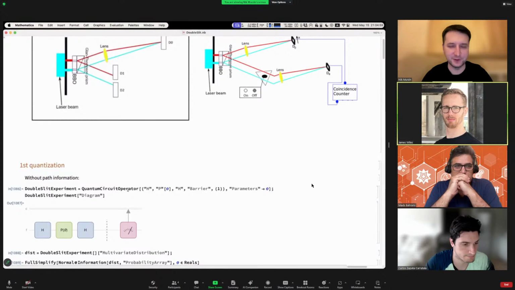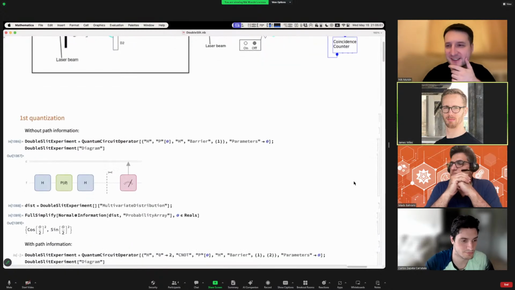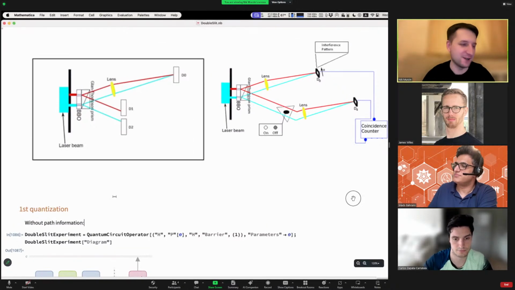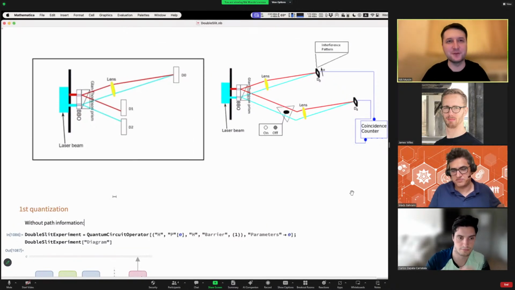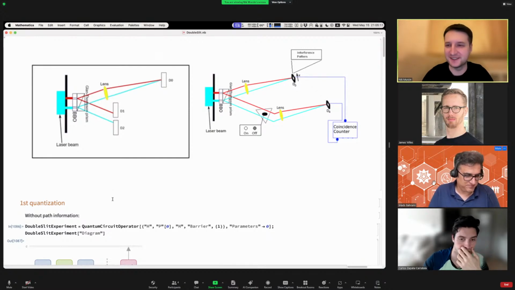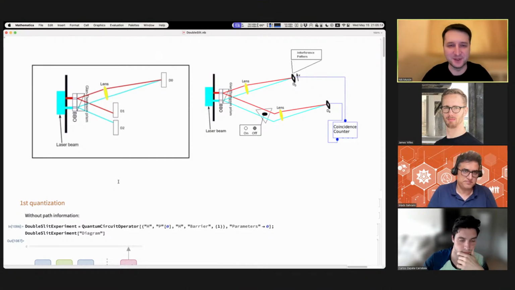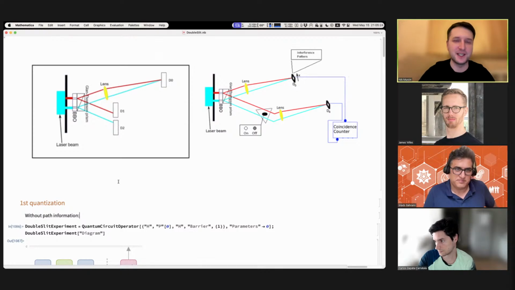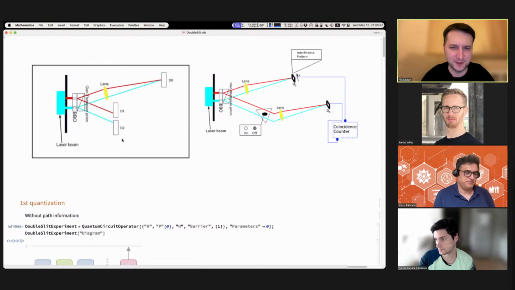So that's the first notebook I guess we should go through. It starts with the basic quantum theory about the double slit and how you would implement it in a circuit in two different ways, essentially. Usually when you Google it, the usual setup people use to model the double slit experiment and all its derivatives is an optical table and optics, so you're going to find pictures like this.